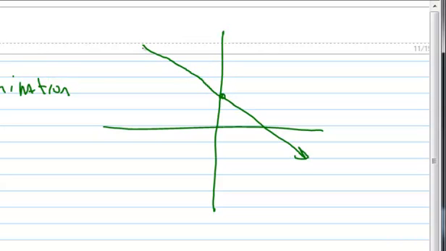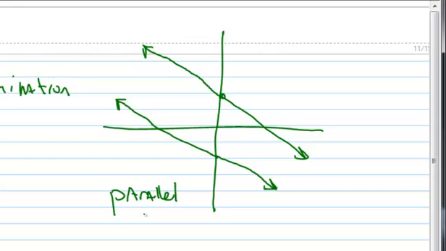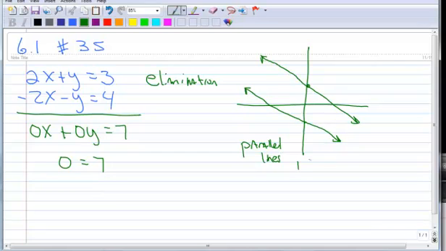You could solve them for y and graph them yourself, and the other one looks like this. And they do indeed look like parallel lines. So if you graph them, they obviously look like parallel lines. There's no solution. But algebraically, this is what parallel lines look like.